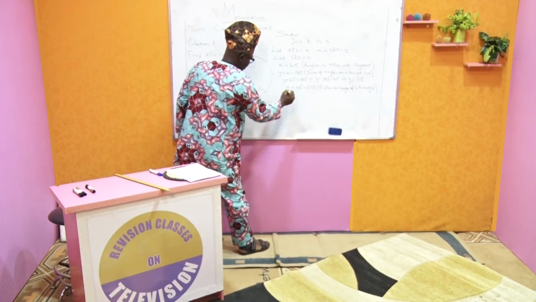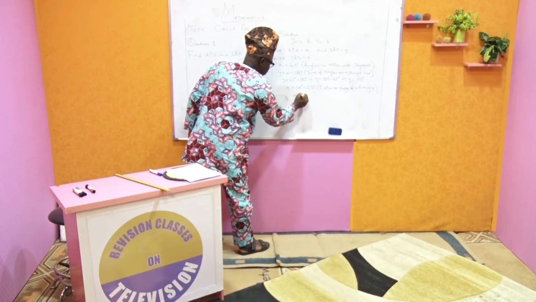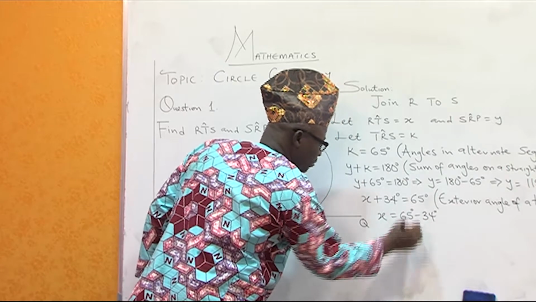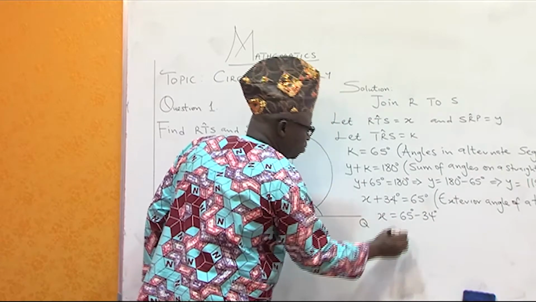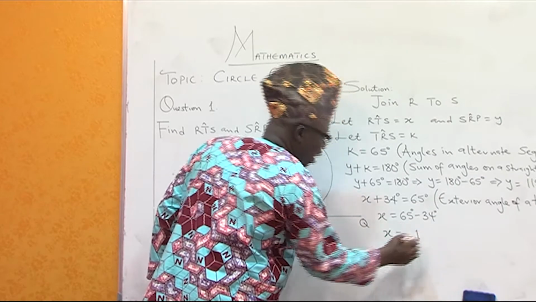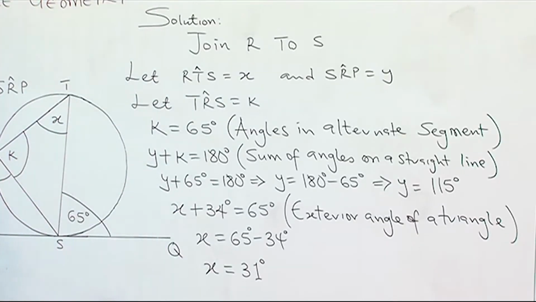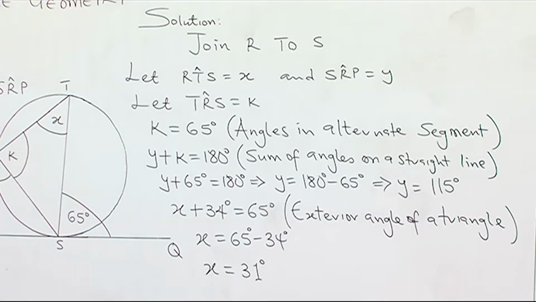So at this point, X is going to be 65 minus 34 degrees. So X is 31 degrees.